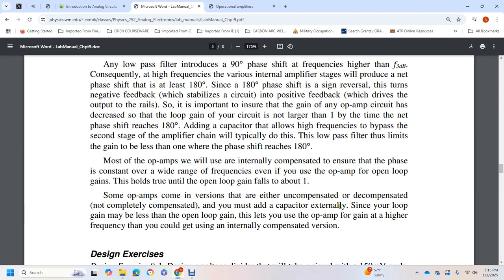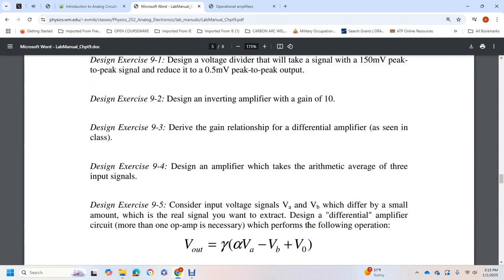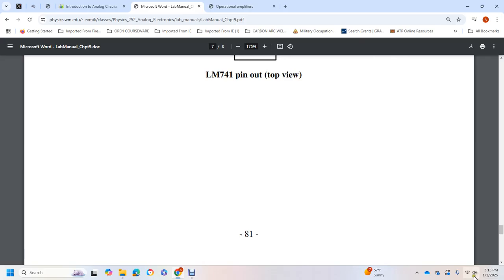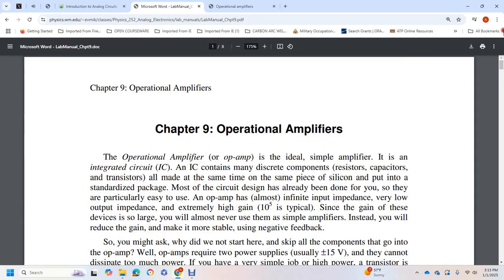A capacitor can be added externally since your loop gain may be less than the open loop gain. This lets you use the operational amplifier for gain at a higher frequency than you can get in an internally compensated version. And it goes into design exercises in a lab, and that was chapter 9, operational amplifiers.